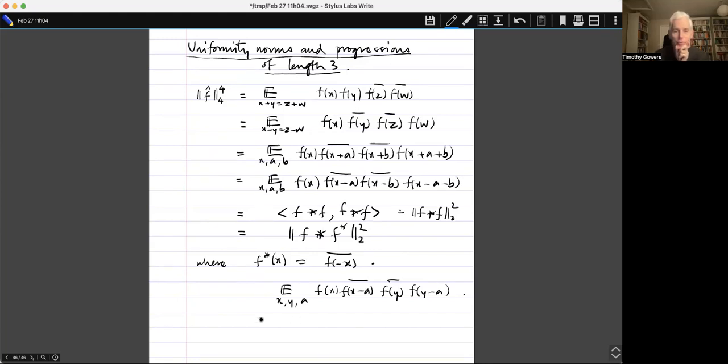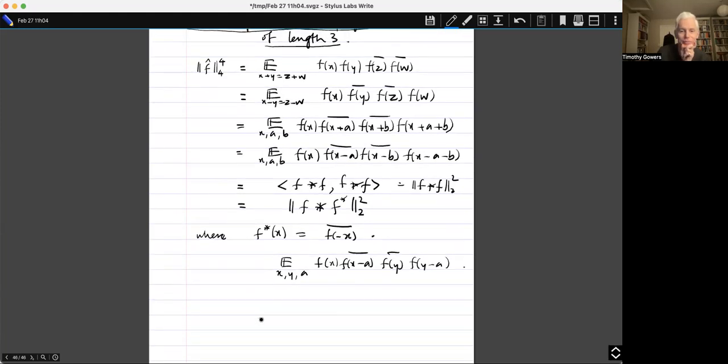Okay, so we've got all those different ways of thinking about this thing here, and because of that, and actually that's not the only reason, we're going to call it the u2 norm of f raised to the power 4. Why are we calling it that?